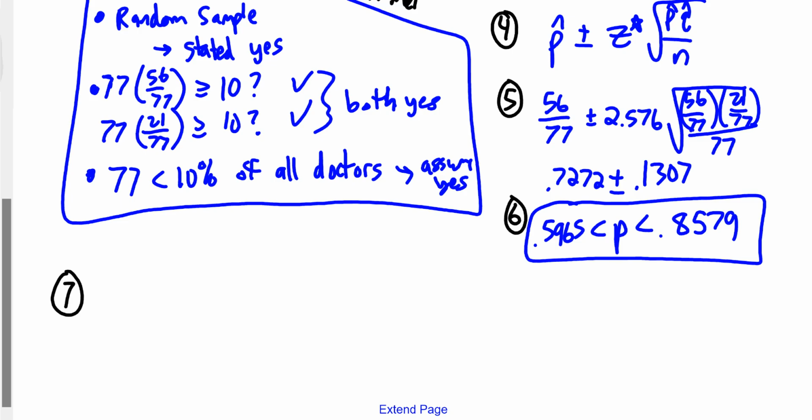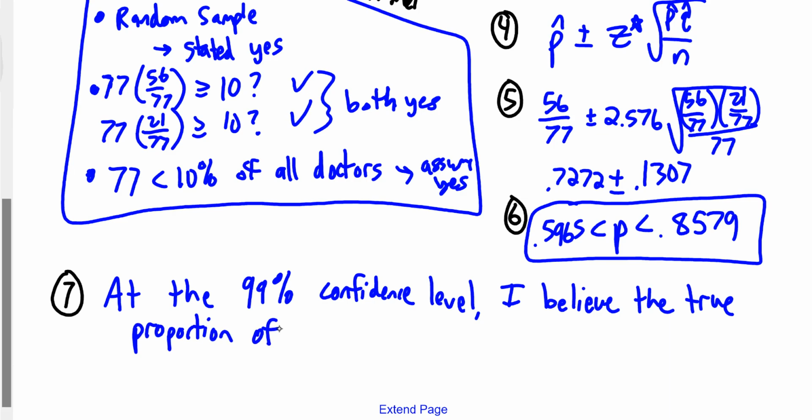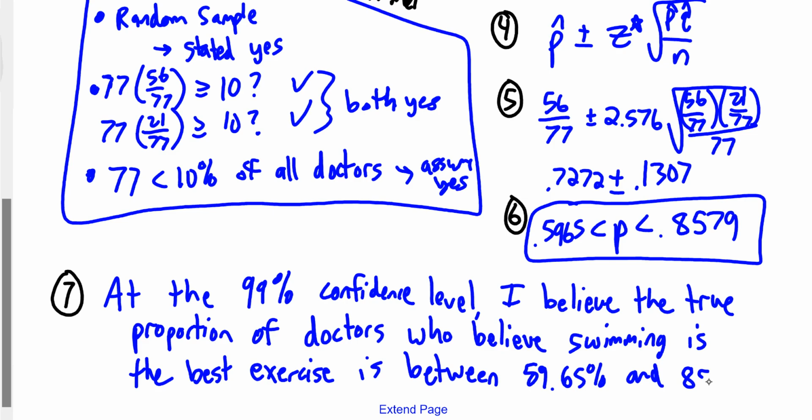So I can then say at this 99% confidence level, I believe that the true proportion, which is what we're actually trying to estimate, of doctors who believe swimming is the best is going to be between 59.65% and 85.79%.